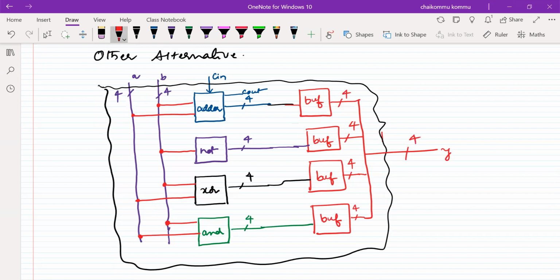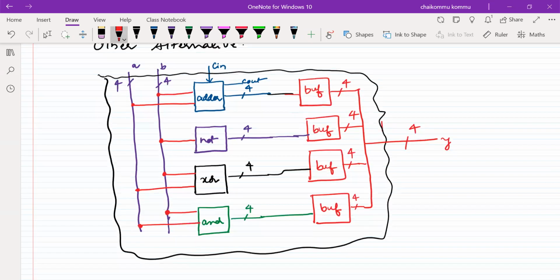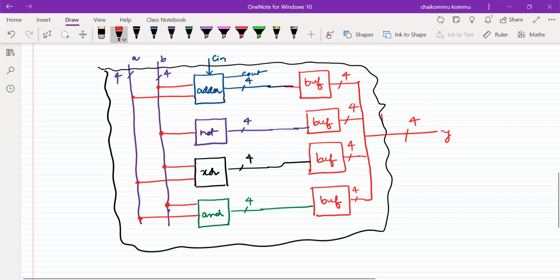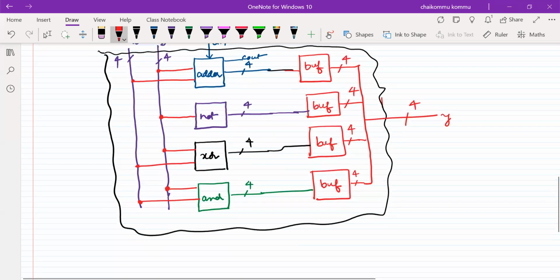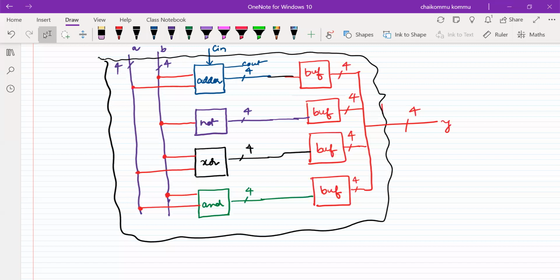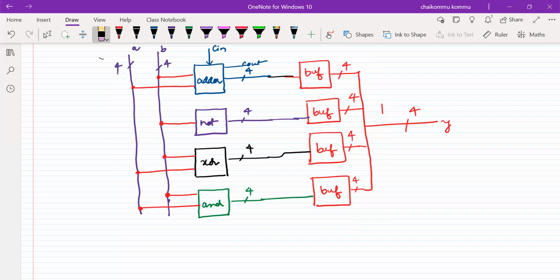Here also, only one particular buffer is active, and at other times all other buffers must be inactive. That's also a criterion. So how do we solve this problem? At a time only one buffer must be active. For that, this buffer should have an enable signal as well.